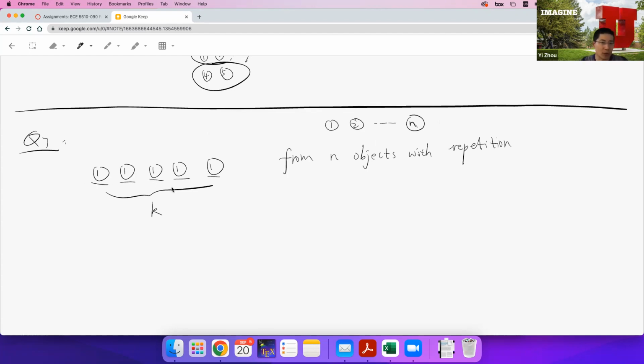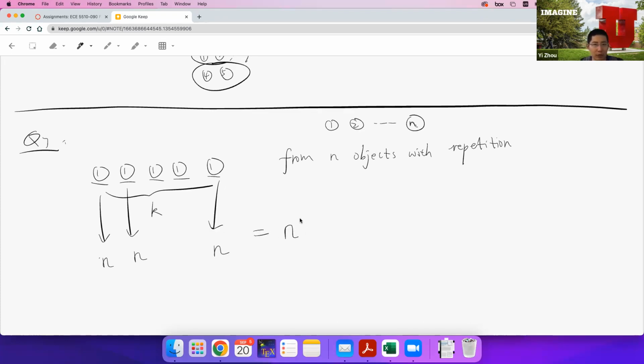So how many ordered lists can we create by sampling with repetition? Because you are sampling with replacement, every position has n different choices. The first position has n different choices, and for the second position, you are again sampling from this entire set.